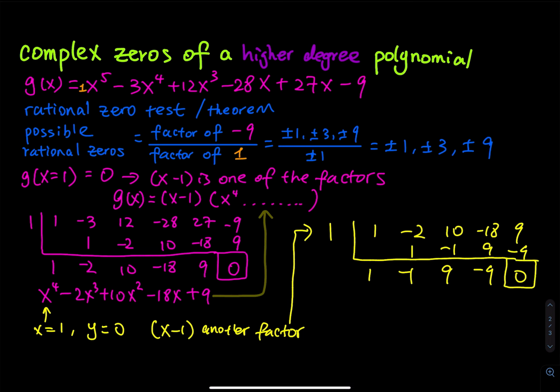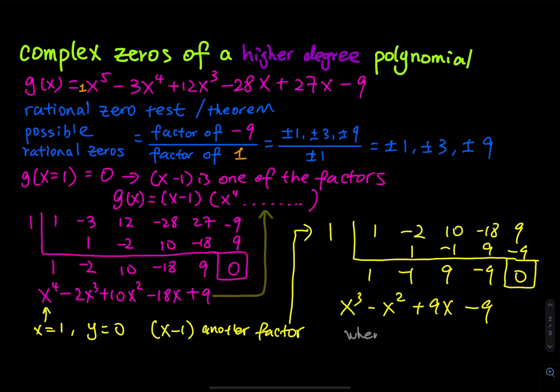So we started at the fourth degree. After you divide it by another factor, you have a third degree. So minus 9, first power, second power, and then the leading coefficient, x to the third. At this point, let's switch to a different color.